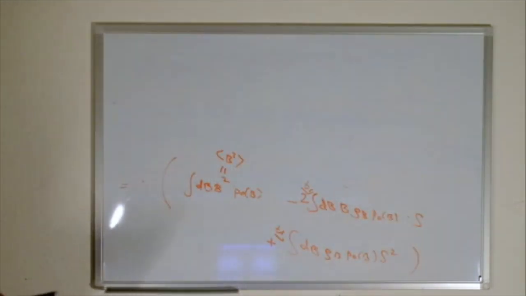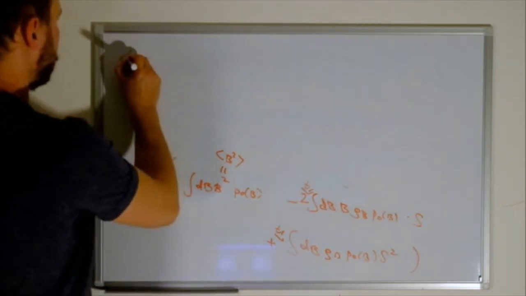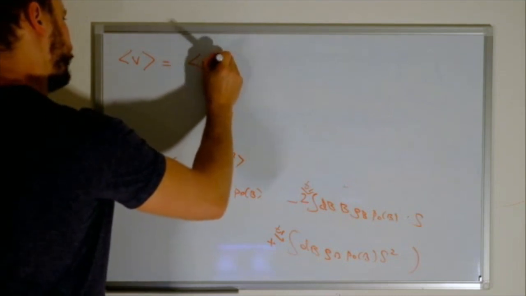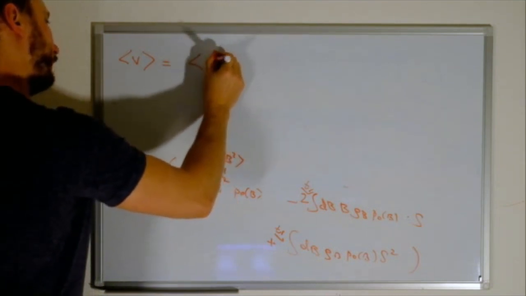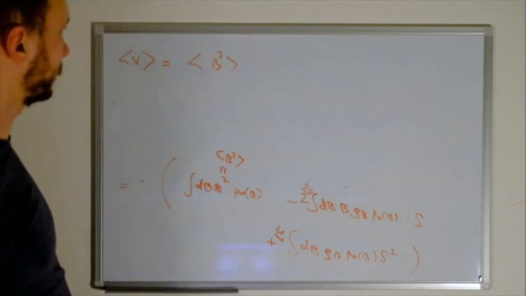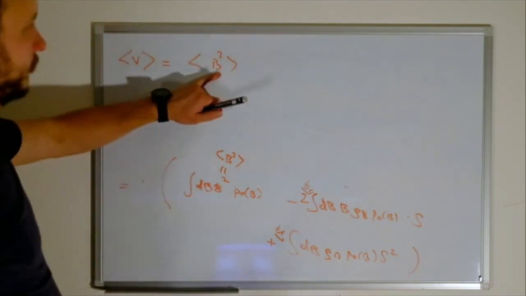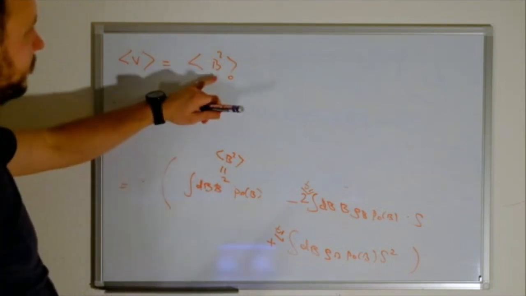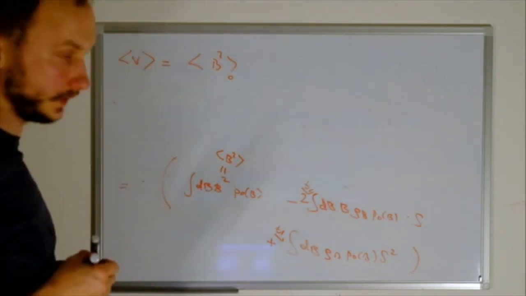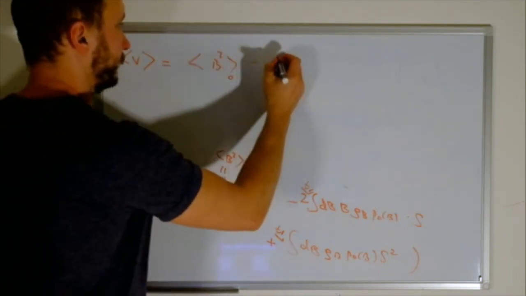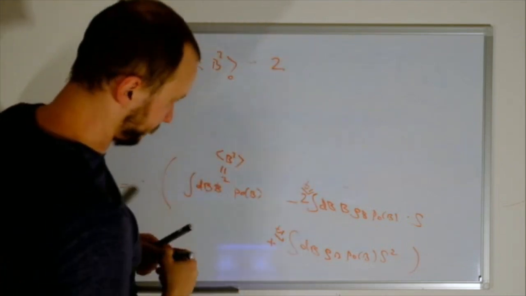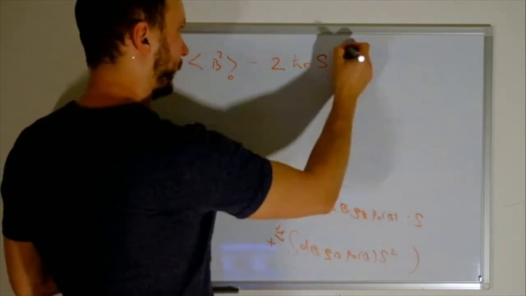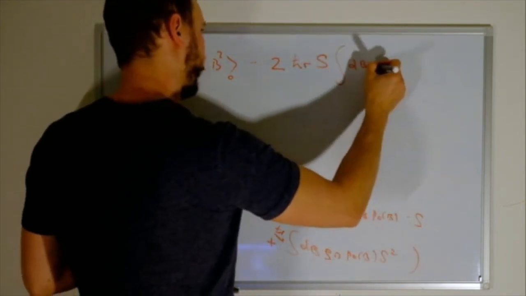Because now we get to a point. The expected variance is really given by the expected value of b squared on the prior distribution. Let's put a 0 here, maybe, to say that this is really the second moment of the field on the prior, minus 2 times the trace of S times the integral of db.